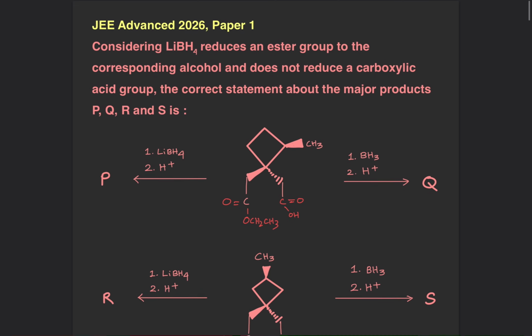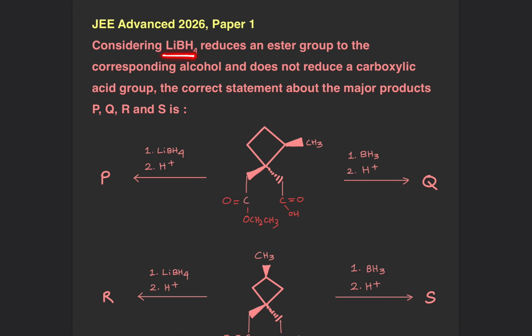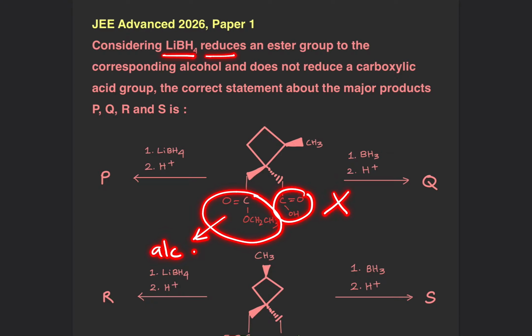So to get P, first we react this compound with LiBH4, which is lithium borohydride, and it is given that lithium borohydride selectively reduces the ester group, that is this group, to the corresponding alcohol, and does not reduce a carboxylic acid group.